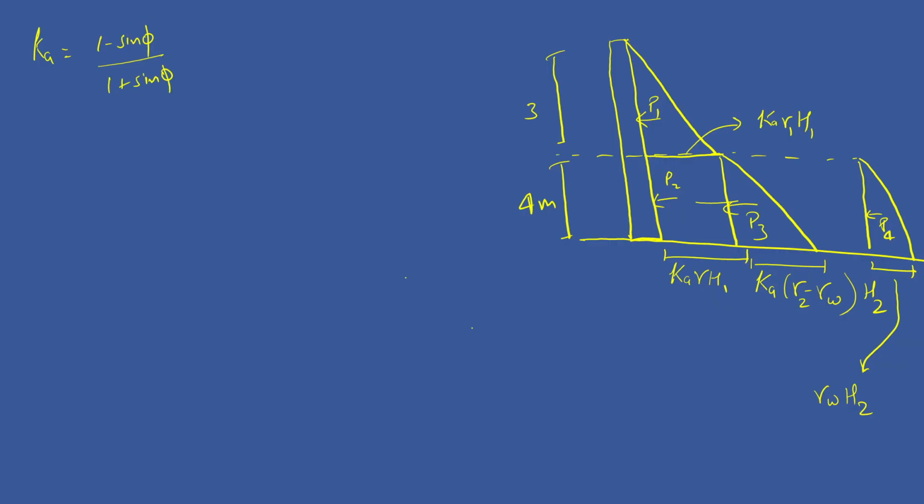Why active case? Because here we can see the retaining wall is moving away from the soil. So it's 1 minus sine 25 degrees upon 1 plus sine 25 degrees. The required value is 0.405.